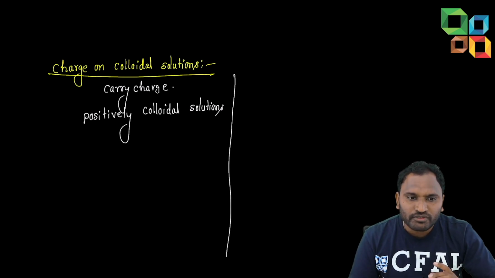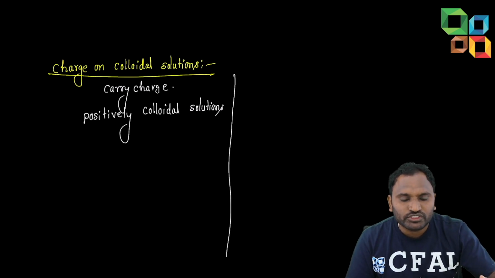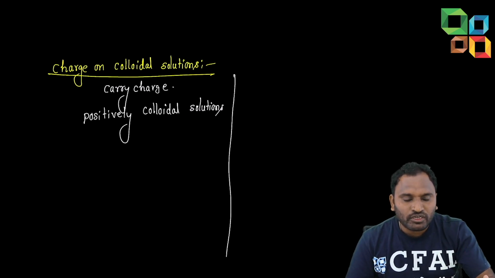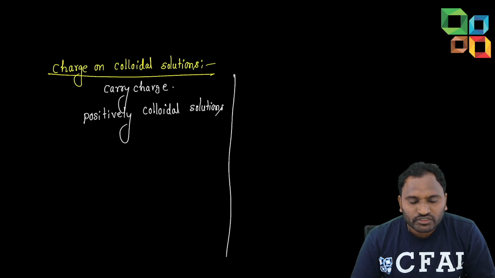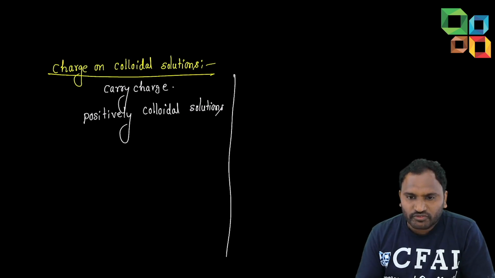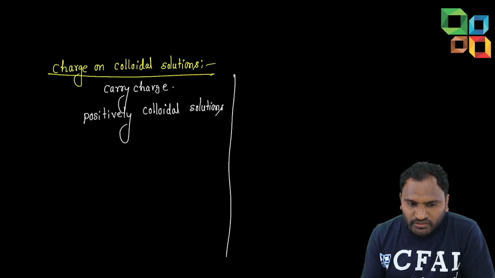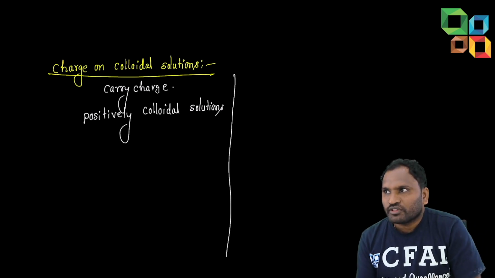Based on preferential adsorption, they get positive or negative charge. Once after the formation of the solution, they may adsorb positive charge or negative charge on the surface, and based on that, they acquire positive or negative charge.